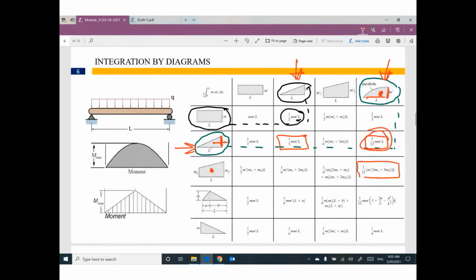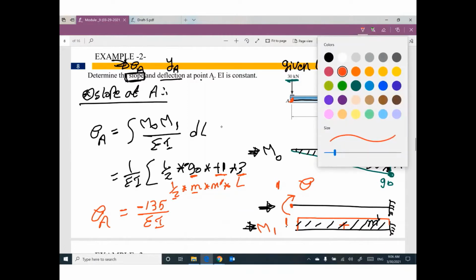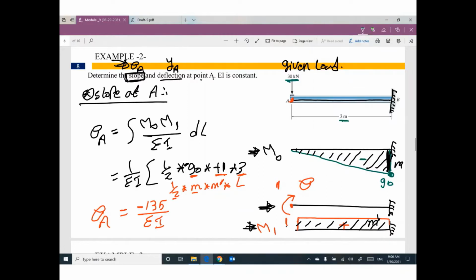For this problem, I found the slope at point A equal to negative 135 divided by EI. Anybody can tell me what is the meaning of negative?